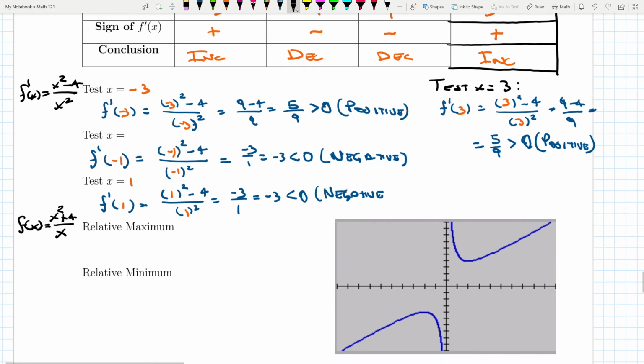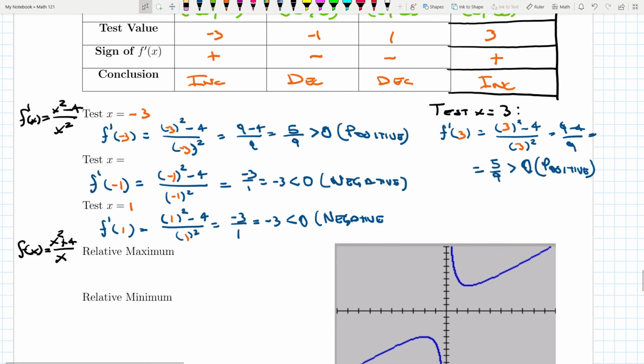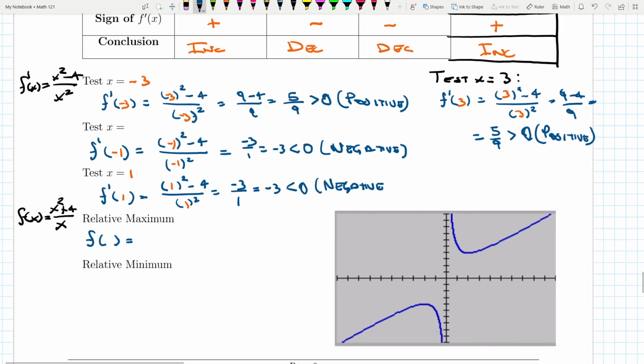So relative maximum at x equals -2. So evaluate the function, not the derivative. That is at -2.